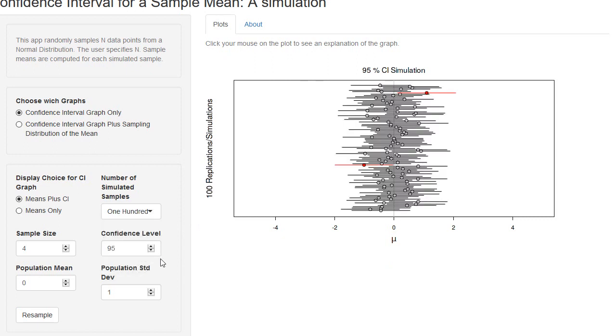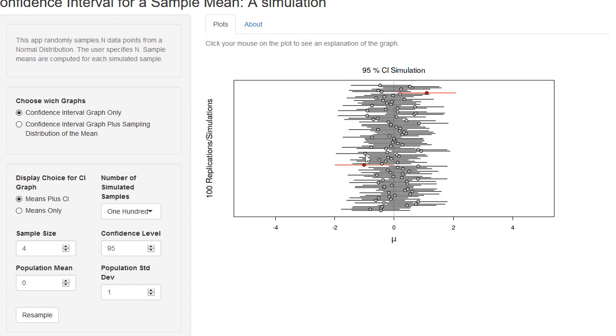So here's 100 different samples and 100 different intervals of 1.96 standard deviations around them. The ones colored in red are the ones where the population mean's not in that interval. This is a 95% confidence interval simulation.